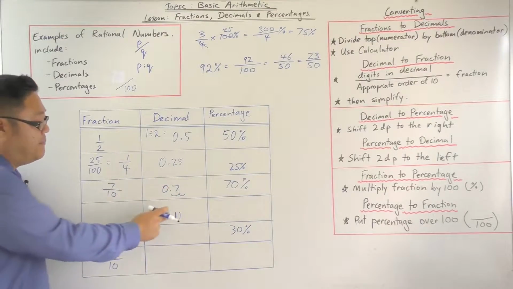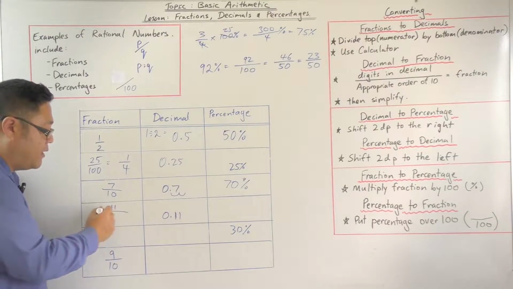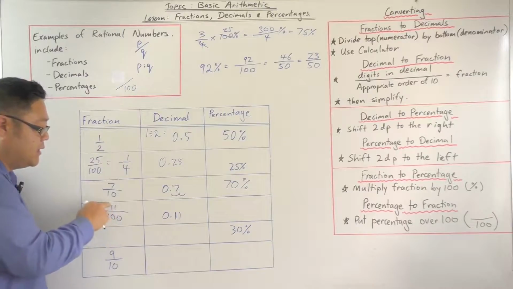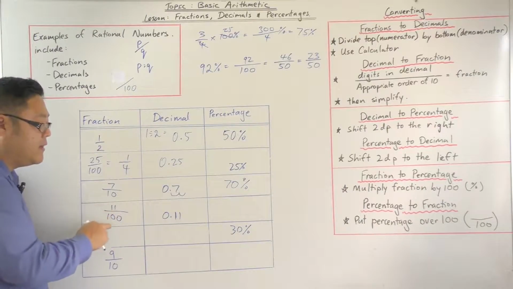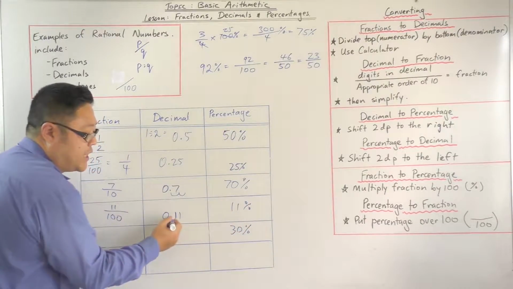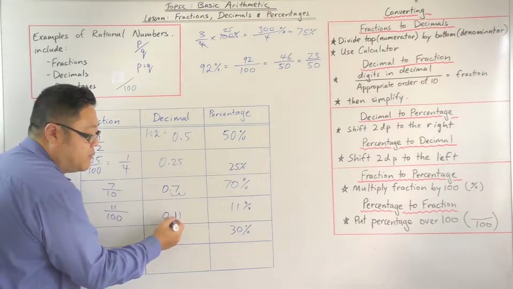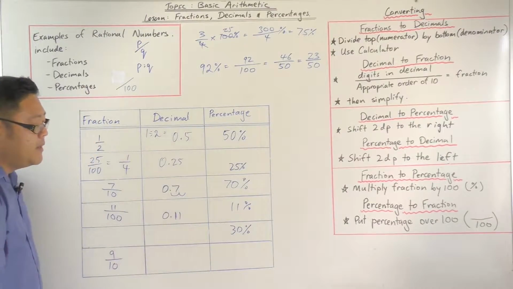Okay? 0.11 as a fraction would be 11 over 1 and 2 zeros. 11 over 100. All right, as a percentage, it's 11%. And the way we can check that is we move the decimal place 2 to the right. Does that make sense? And we end up with 11, okay?